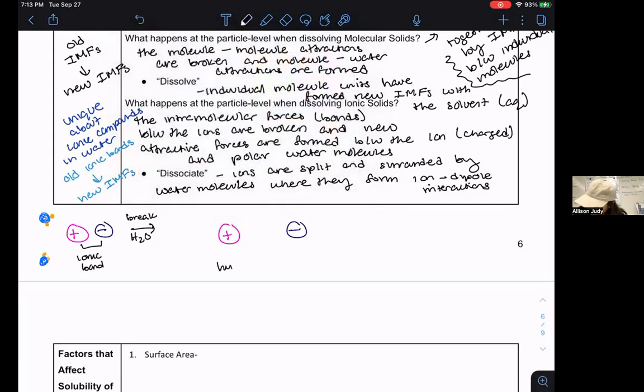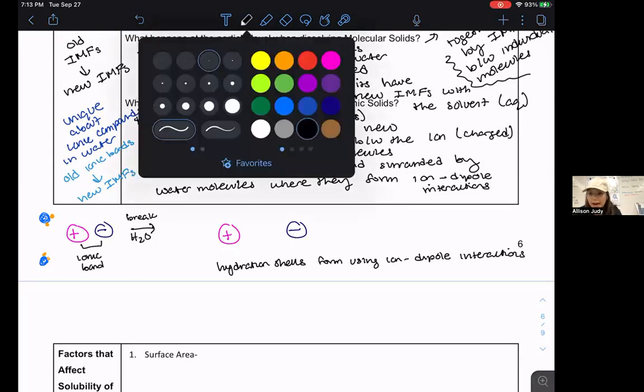Hydration shells form using ion dipole interactions. And so what that means is literally what it says. It's an ion plus a dipole, polar molecule of water attraction forms.